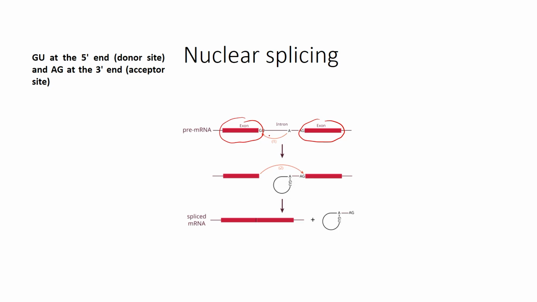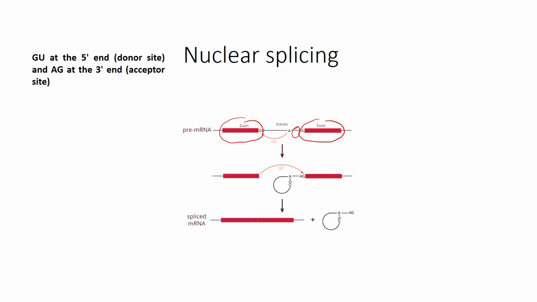The intron at the 5' region has a GU, and the intron at the 3' region has AG. So, the intron has a boundary here. It starts with GU and it ends with AG. So, it is called the GUAG rule.